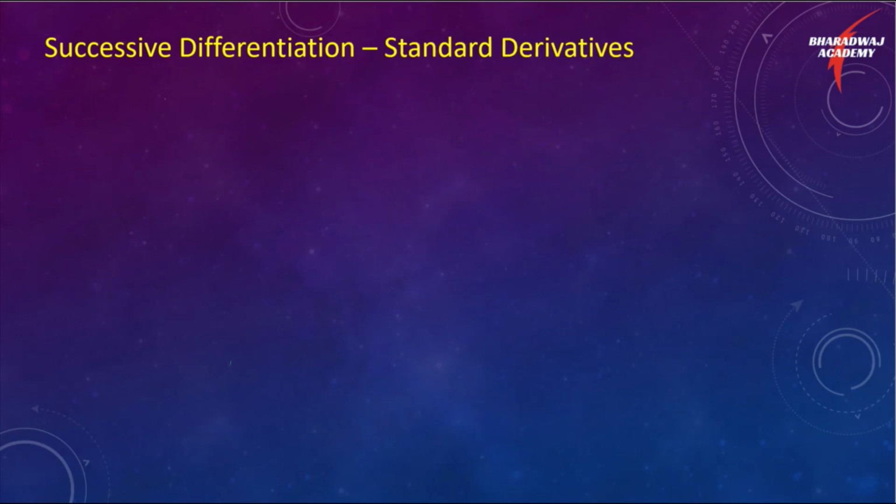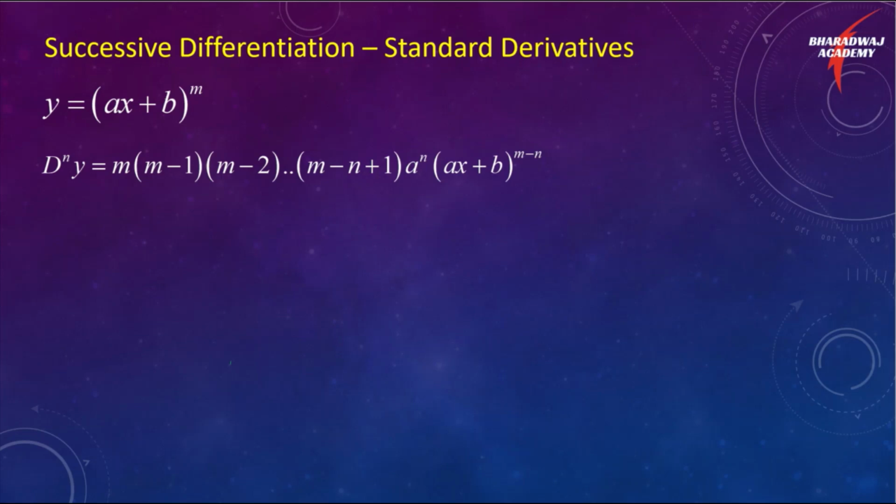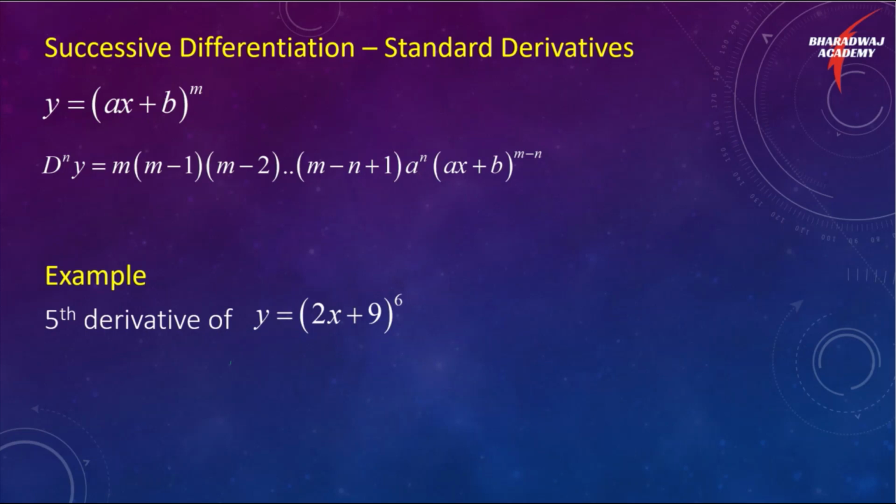Yes. So we will look at nth derivatives of some of the most common functions. Firstly, a polynomial. Here is the formula for nth derivative of a polynomial. So this is a basic straightforward formula. We will see with an example. What is the fifth derivative of this function? y is equal to 2x plus 9 to the power 6.